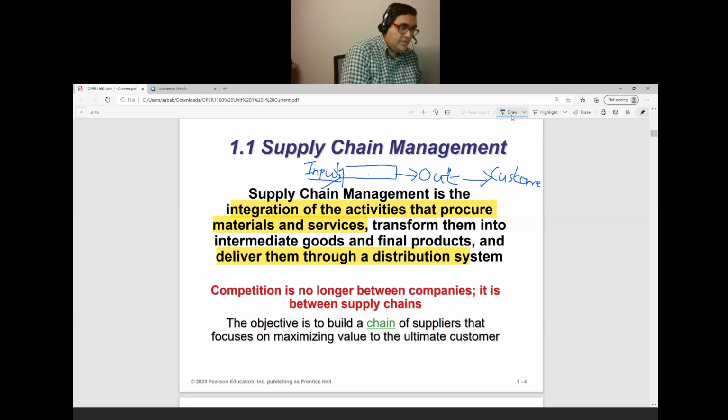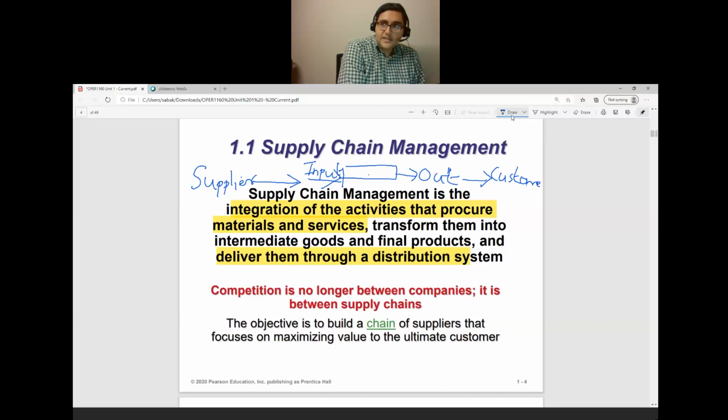Same way, when I said my inputs are, say, steel, someone has to supply the steel to the company. So this block diagram which you're seeing here is your supply chain management for a car manufacturing company.